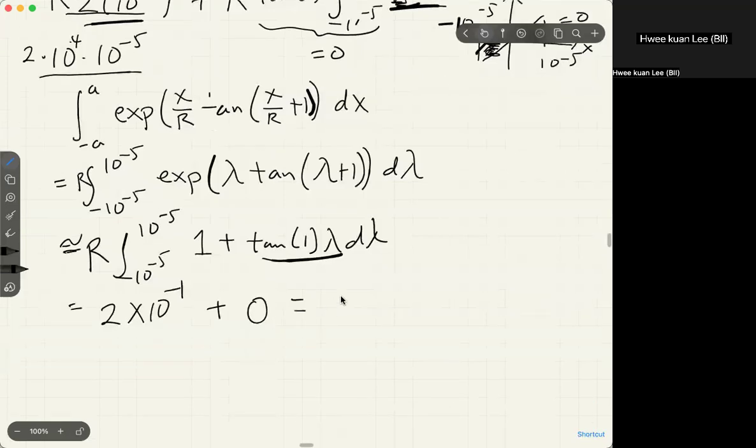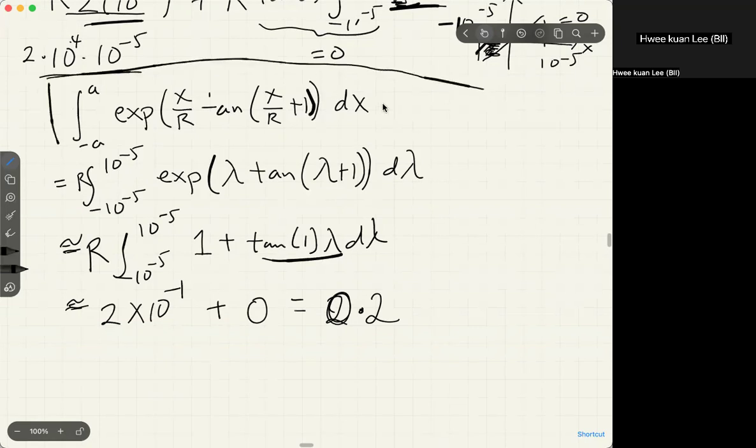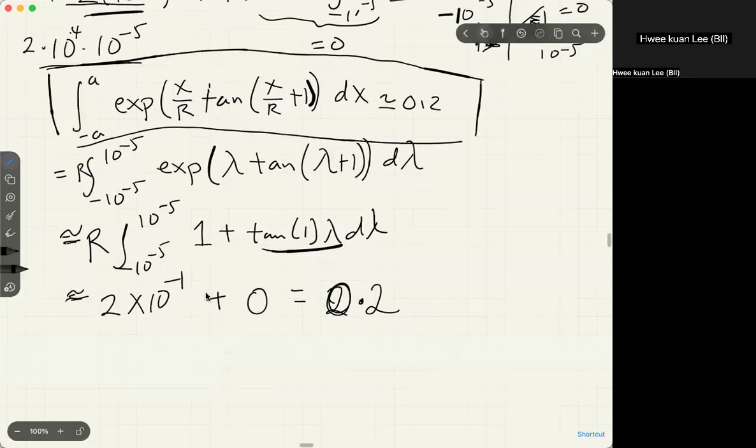So voila, the answer is 0.2. So this integral roughly equals 0.2 to some approximation. Okay, done. We are done.